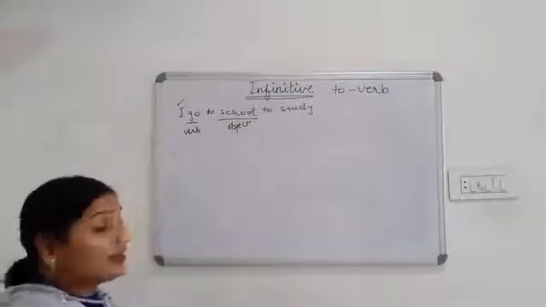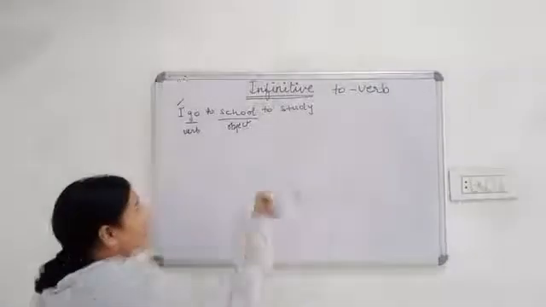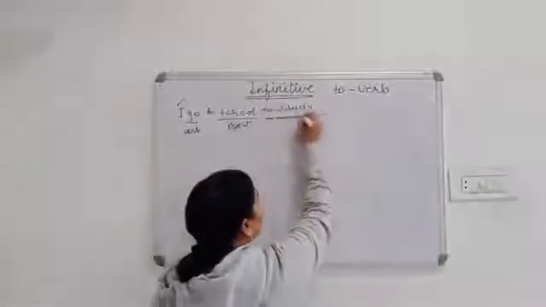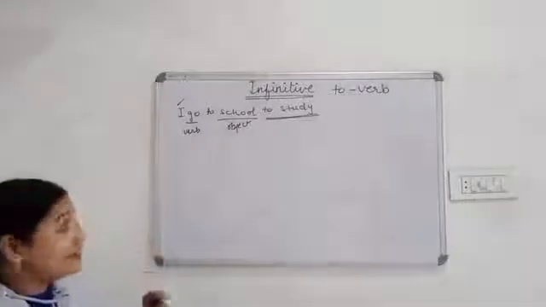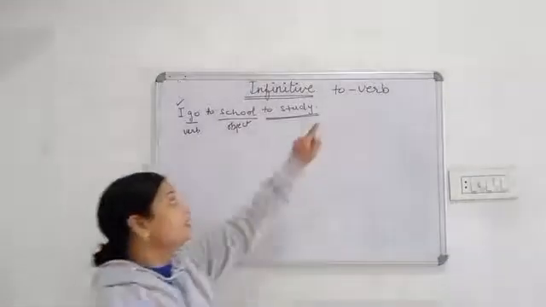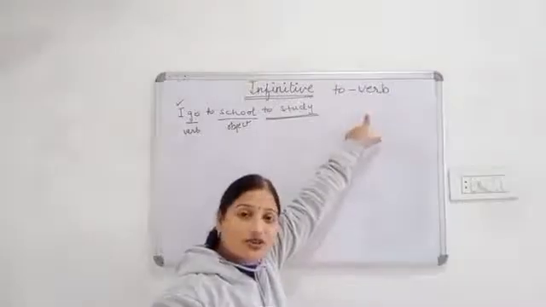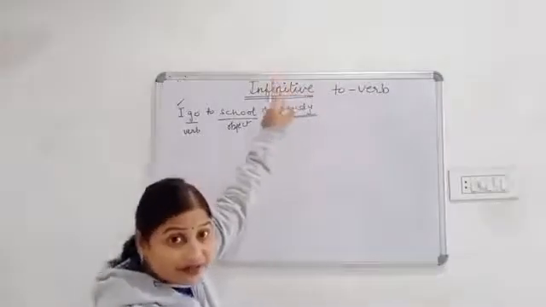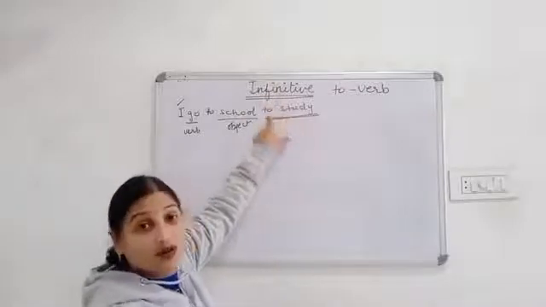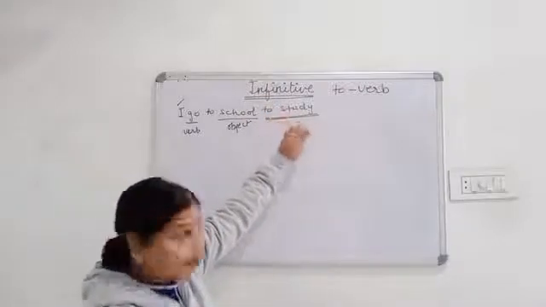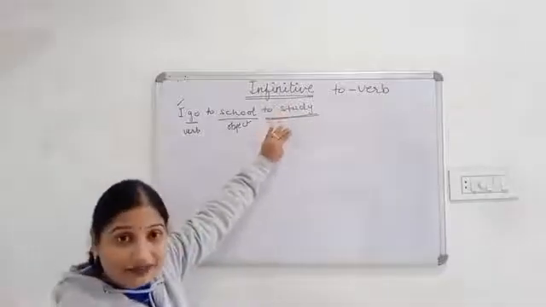Now what is this, to study? I feel that it is like a verb, but actually it is not a verb. Now this is called the infinitive. So the to verb is also called the infinitive, because here we are using a verb along with to. Now in this case, all these are infinitives.